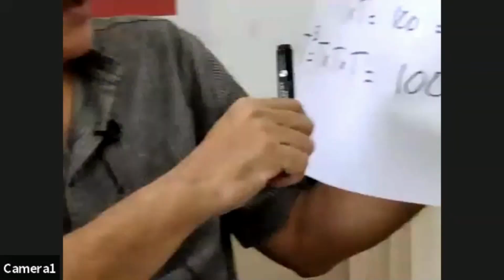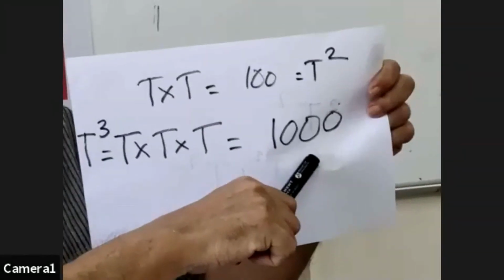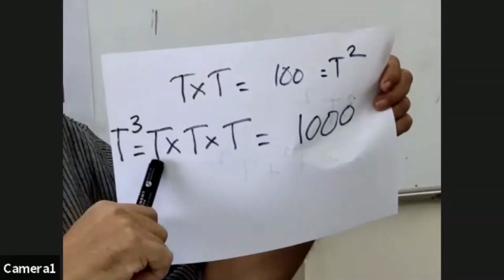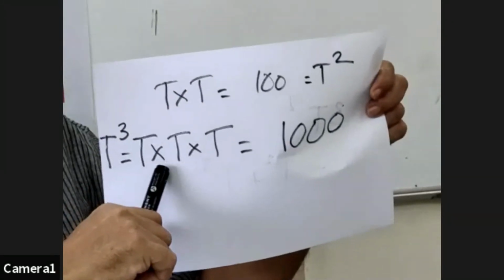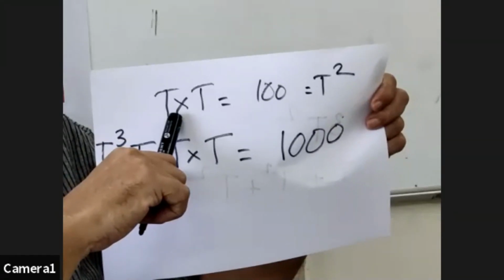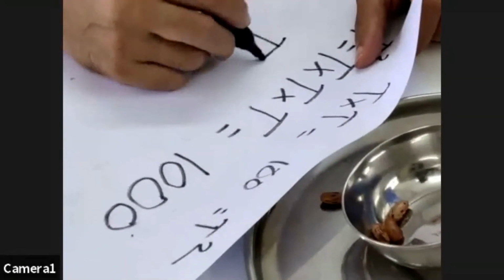Now notice, how many zeros do I have here? 1,000. How many zeros? 3. How many times have I multiplied t by itself? 3. How many zeros do I have here? 2. How many times have I multiplied t by itself? 2. So can you tell me the next answer, Gyan Jyoti?